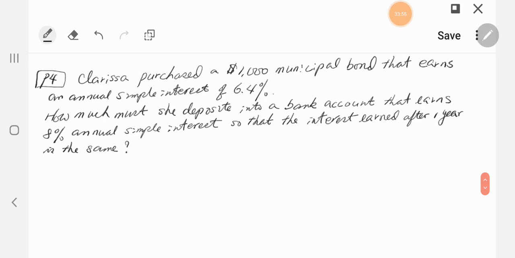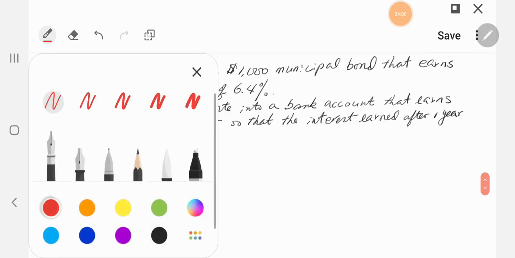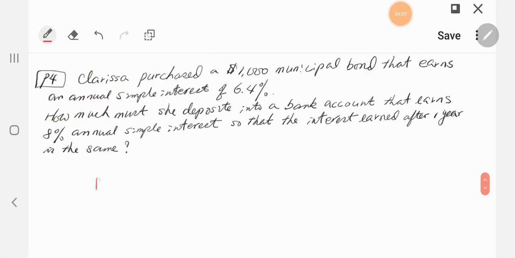So there are 2 accounts. One is a municipal bond, and the other is some amount deposited in a bank account. Both interests are equal. For the bond, the amount is $1,000.